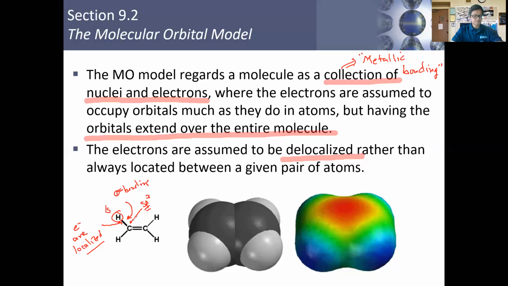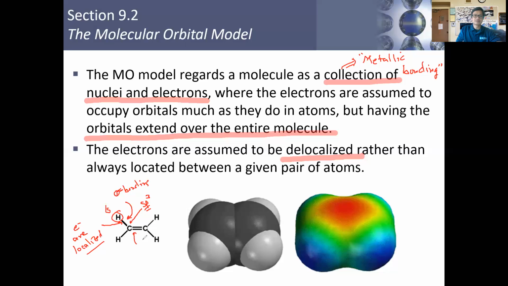What the localized electron model does is treat each atom separately, and the interaction between those atoms as a separate interaction. This sigma bonding interaction is only between this hydrogen and this carbon. This sigma bonding interaction is only between this carbon and this hydrogen.